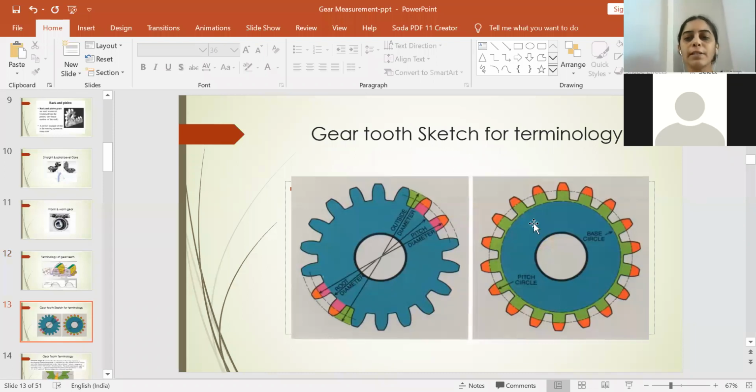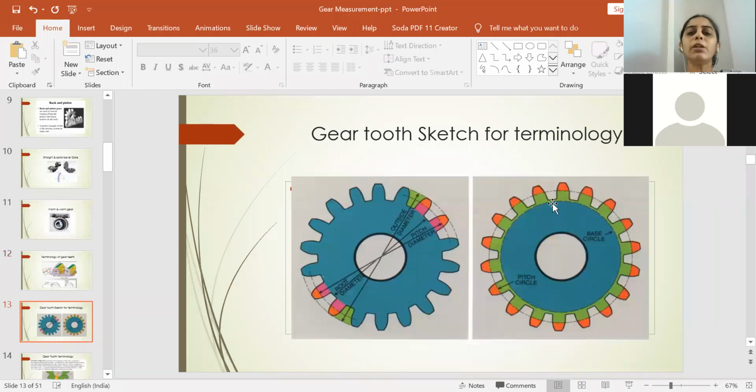Here you will have the base circle. This blue colored one is the base circle upon which the teeth will be embedded. There will always be a clearance between the bottom of the tooth and the base circle.